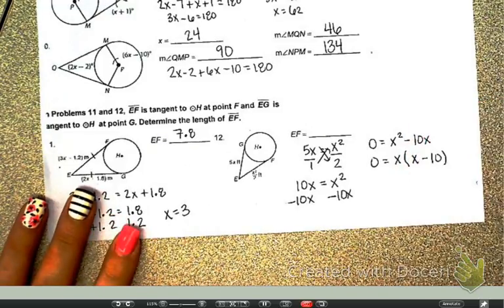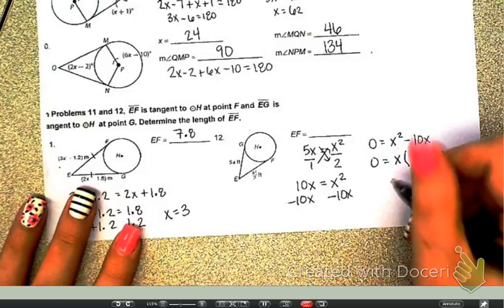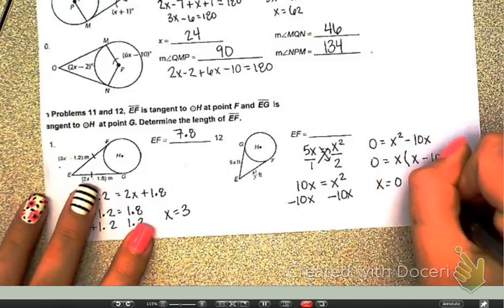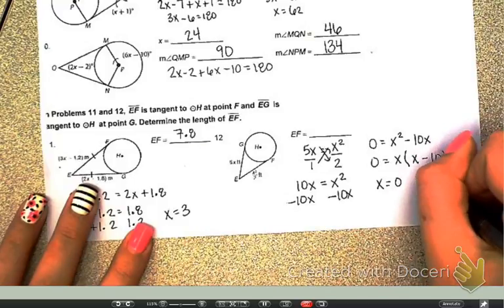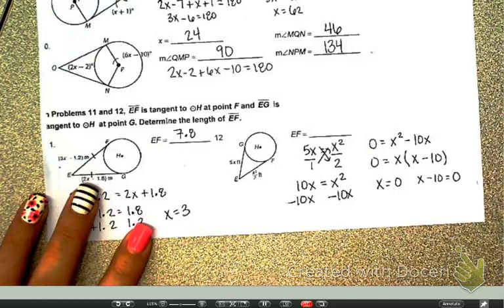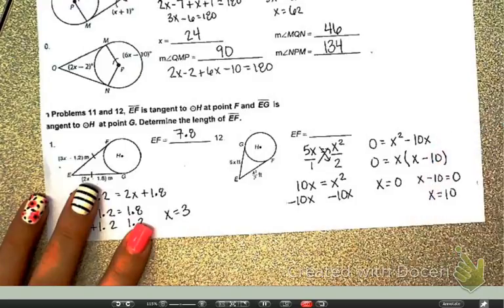Can I solve for x? Yes? What's x going to be? The zero product property says that I can set each of those factors equal to 0 and solve. So x equals 0 and x equals 10.